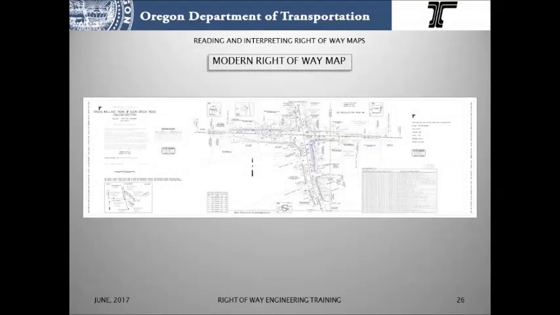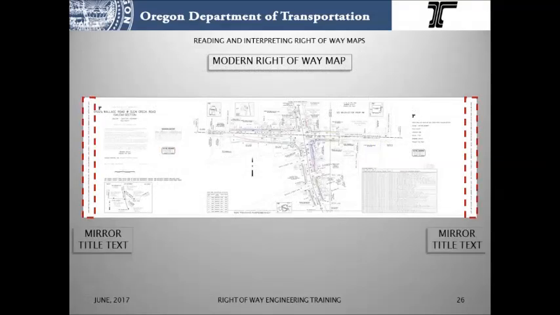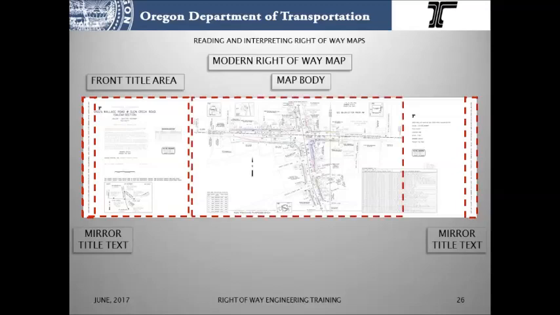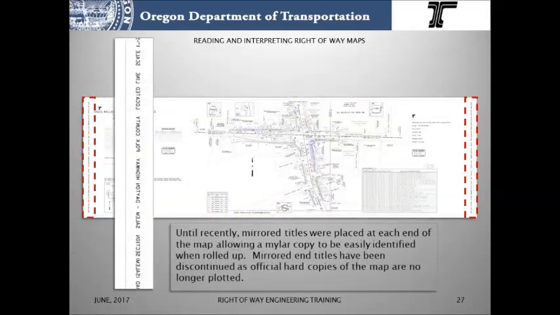So there's our modern right-of-way map. It has mirror text on each end, has a front title area, the map body, and it has an end title area. So the mirrored text, until just very recently, these mirrored titles are placed at each end of the map.